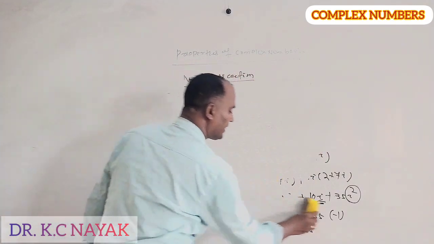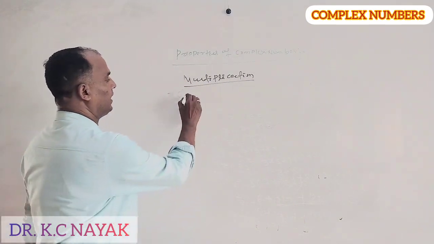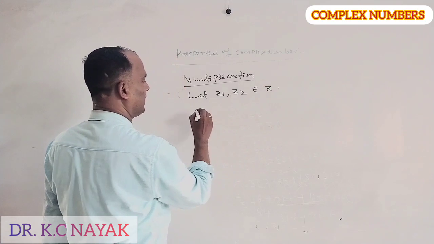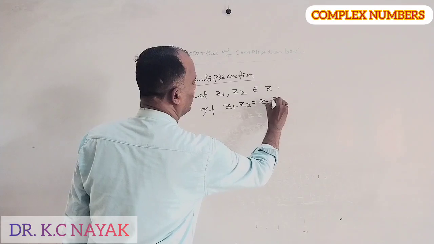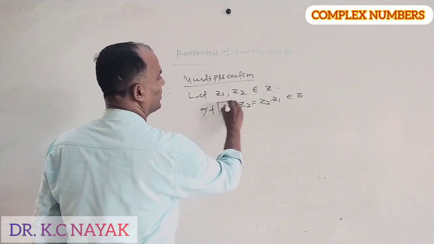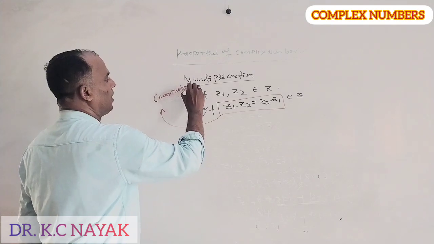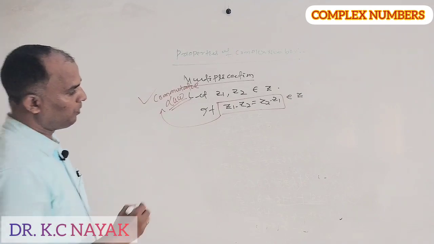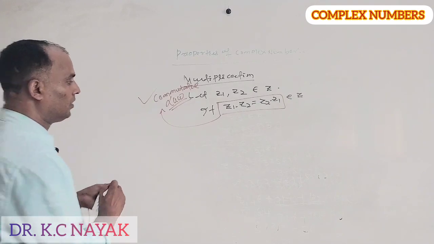What is the commutative law in the case of multiplication? Just see, let Z1, Z2 belong to Z. If Z1 into Z2 is equal to Z2 into Z1, which belongs to Z, then this law is known as the commutative law. For example, suppose I have an example.